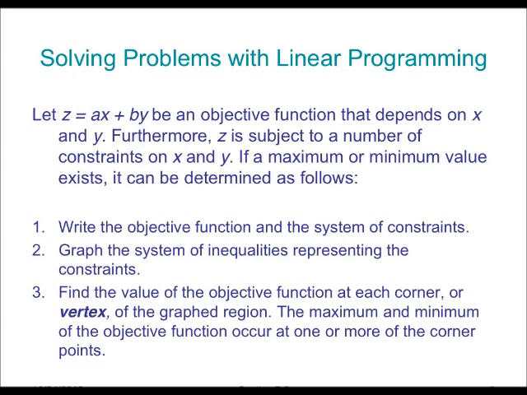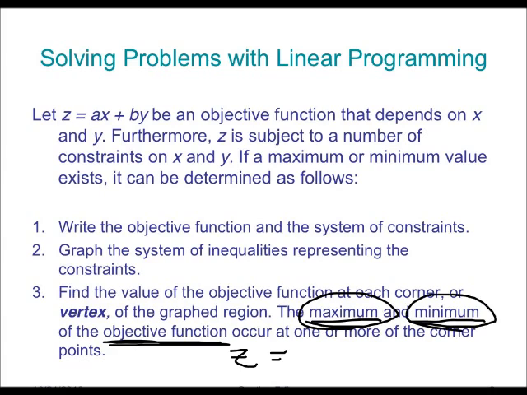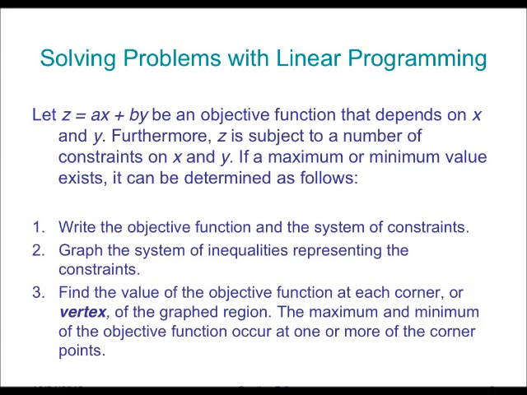Depending on whether we're looking for the maximum or the minimum, once we plug into the objective function, that's z. So we have z equals. We're either looking for the largest z value or the smallest z value, and that would be your answer.